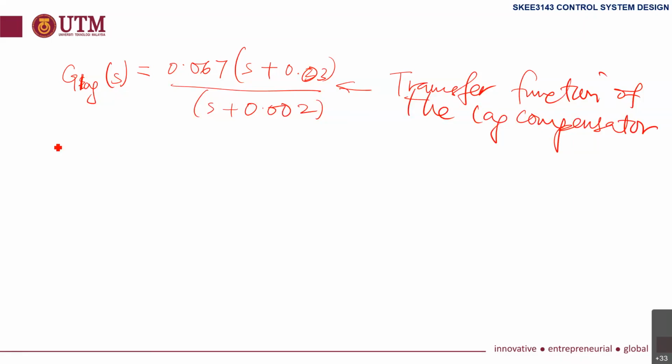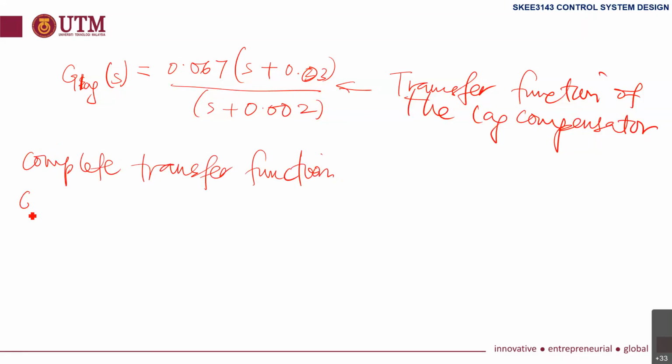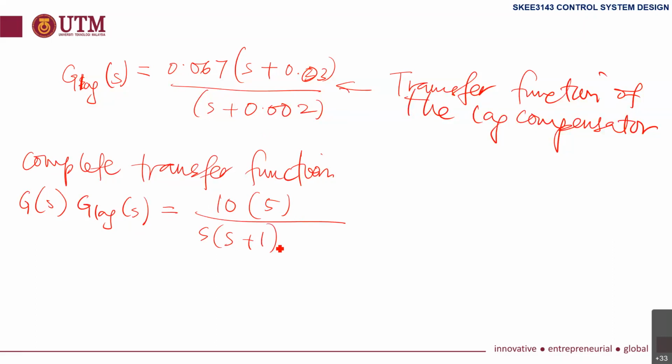We can show the complete transfer function in which we multiply G with G lag. Right? G was 10K, K 5, S plus 1, S plus 5.